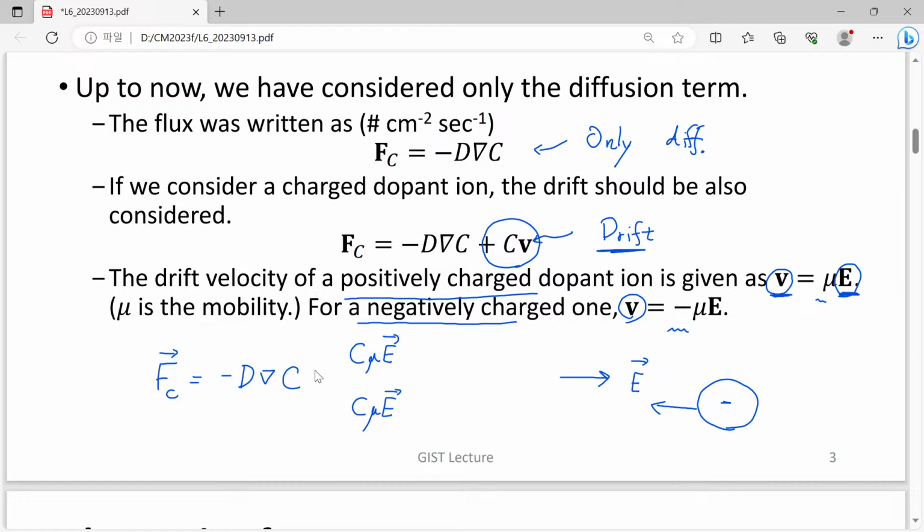So instead of that, why don't you just write it this way?